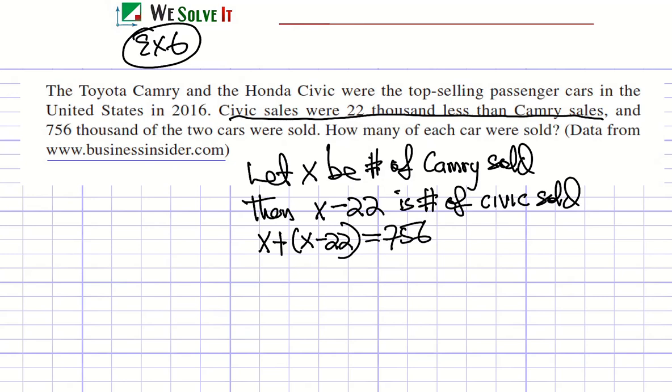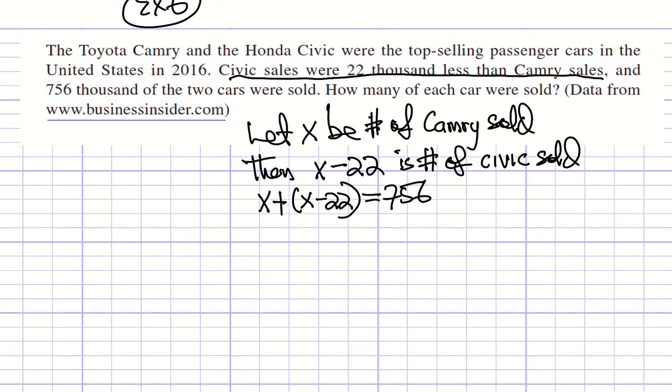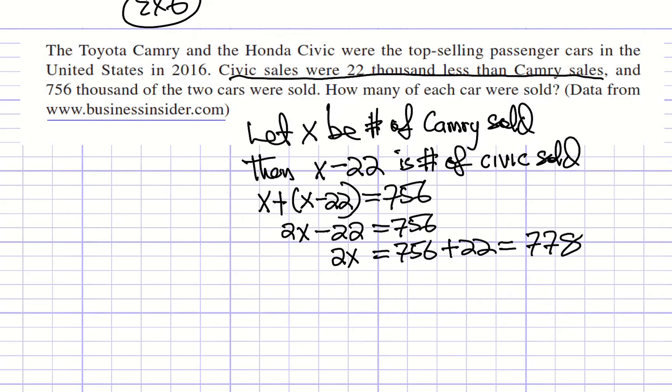Once we form this equation, we'll just solve. You remove the bracket, you have 2x minus 22 is equal to 756, okay? And then you move 22 to the other side. 2x equals 756 plus 22. Add that together. That will give you 778, okay?